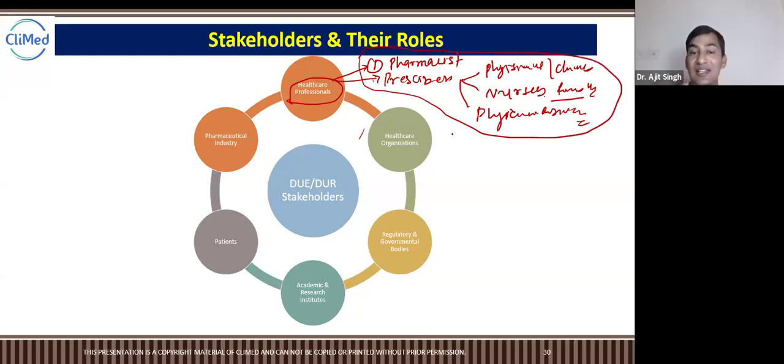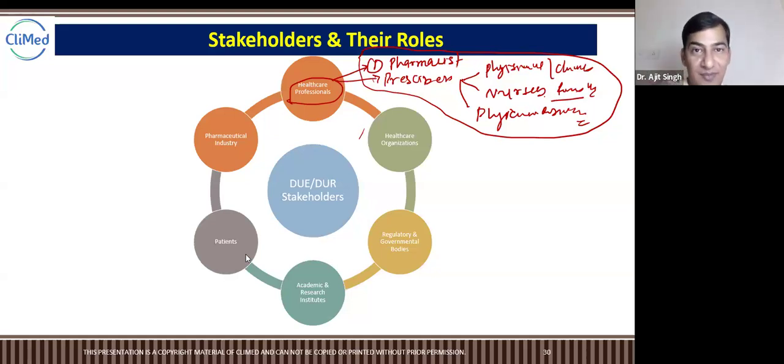What we are talking about is drug utilization evaluation: all healthcare professionals involved with activities related to medication, like prescription, dispensing and adherence. Physiotherapists are not, and clinical psychologists are not.